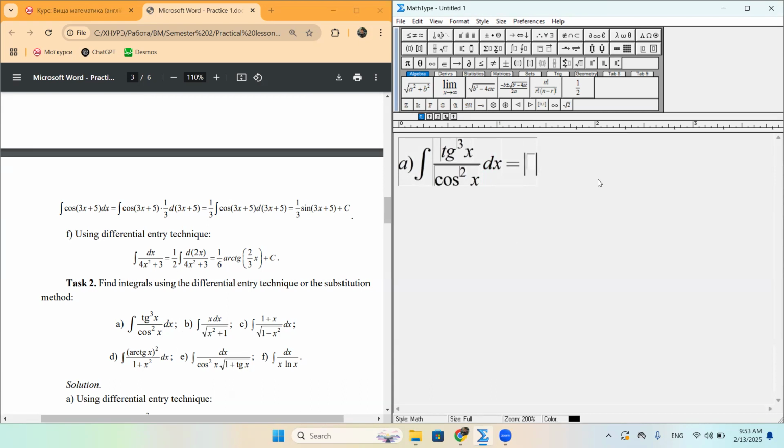What can be moved under the differential? Here I see the differential of tangent. So it equals dx by cosine square of x. So we have a differential of tangent.